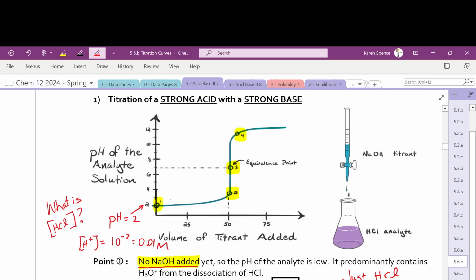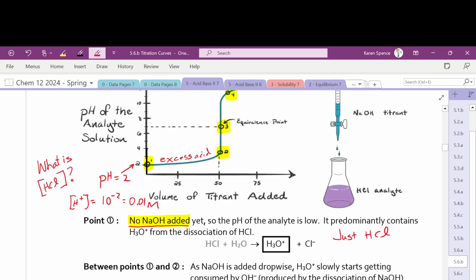Now, between points 1 and 2, we are adding NaOH, but we still have excess acid. So between points 1 and 2, we have excess acid, and that explains why the pH is still low. Now, point 2.